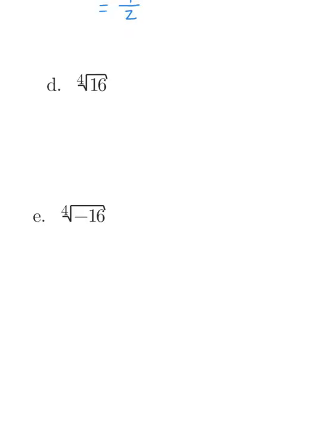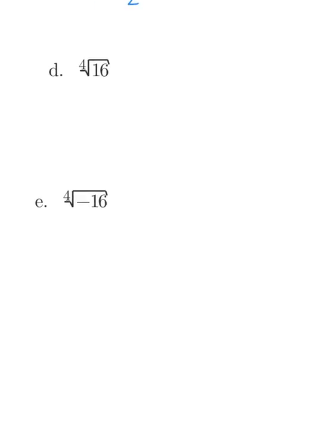All right, let's look at some fourth roots. D, we have the fourth root of 16. So again, I'm going to start off by factoring this. We get 16 is equal to 4 times 4. 4 times 4 is equal to 2 times 2, same thing with 4 on the other one.